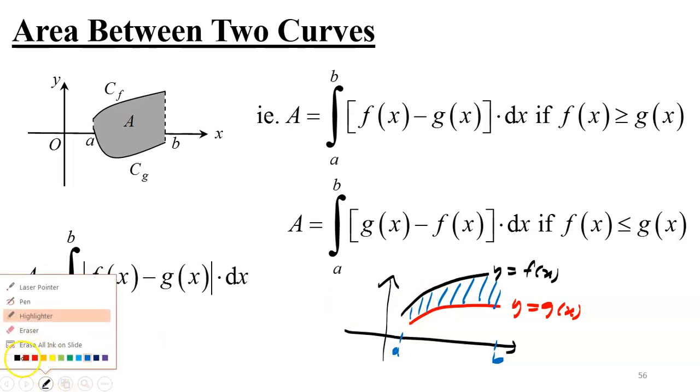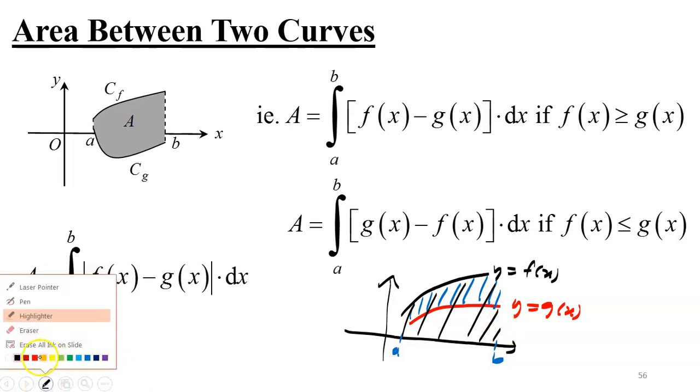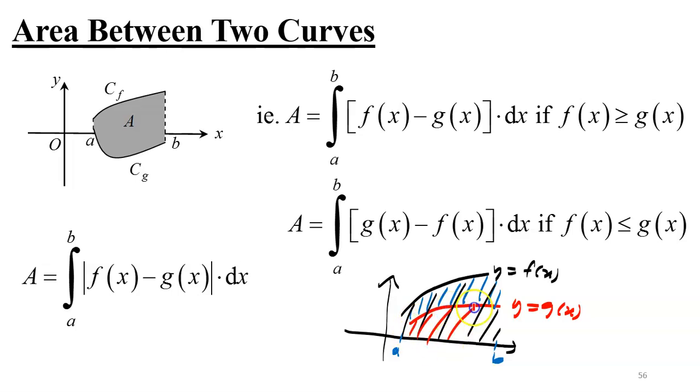As you can see, the blue region is defined by the area under the curve of f of x minus the area under the curve of g of x. So the blue region's area is in fact the area of the black region minus the area of the red region, and that is why whenever we need to find the area between two curves, we integrate the difference of the equations of the two functions.